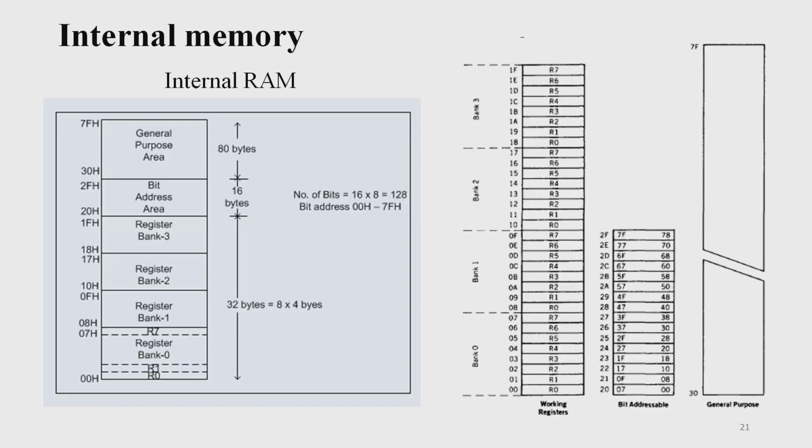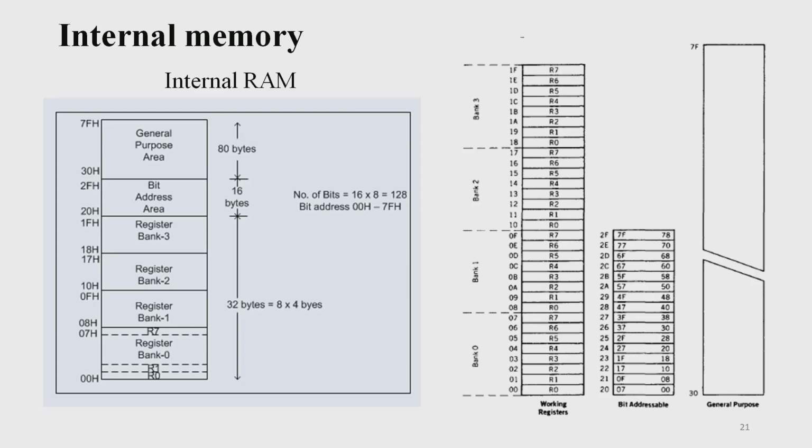Next, the most important thing in 8051 microcontrollers is internal memory, because all this internal memory is built together within a single 8051 chip. So the first thing we are going to discuss is the internal random access memory. The internal random access memory has 3 distinguished areas within the allotted locations, that is from 00 to 7FH.